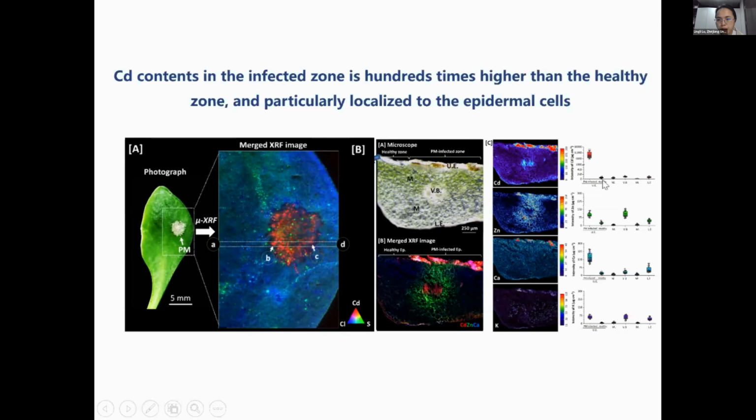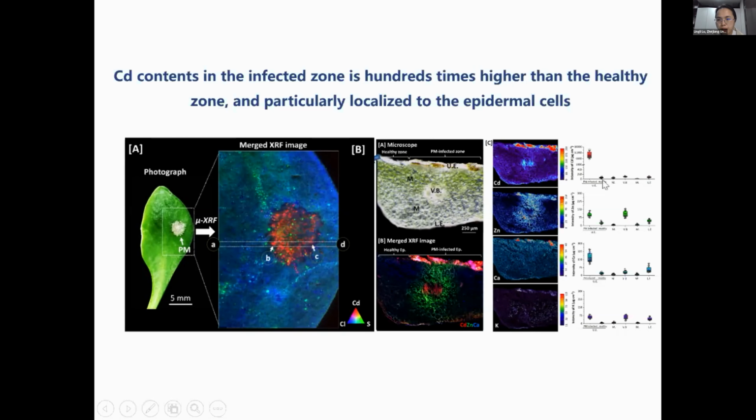And by nano XRF imaging, we found that the cadmium was mostly localized to the cell walls. So from these results, we can conclude that this plant species can accumulate a lot of cadmium, especially under the stress of the pathogen, to fight against the pathogen.